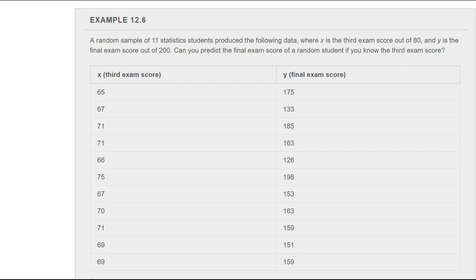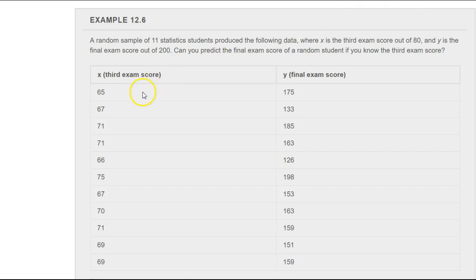First of all, to be able to predict an outcome, there has to be a relationship between the two variables. And if there is a relationship, then we can do our best to make a prediction given some information.